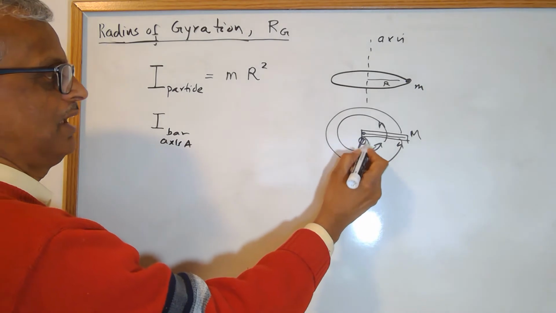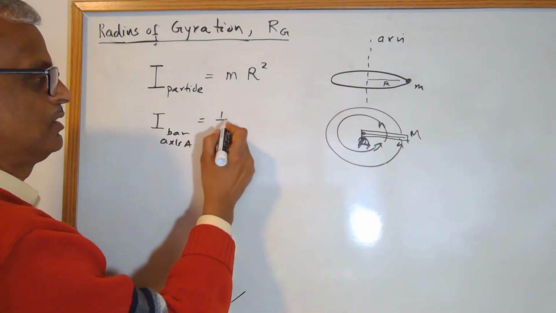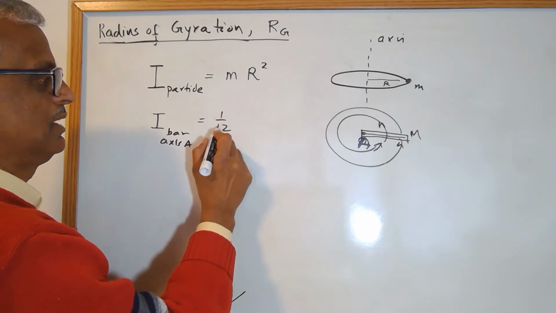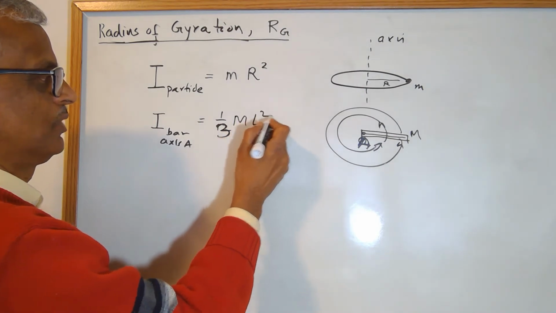Let's call this axis A because this is not going to the center. Then I of the bar is 1 over 3, I'm sorry, 1 over 3 m L squared.